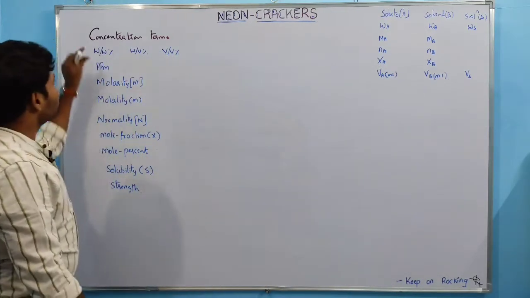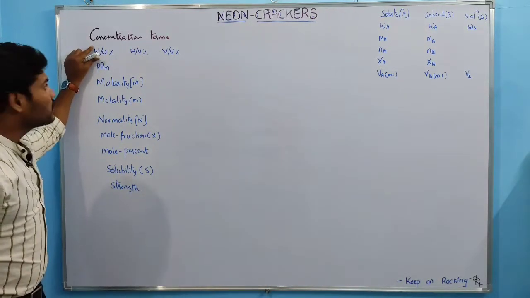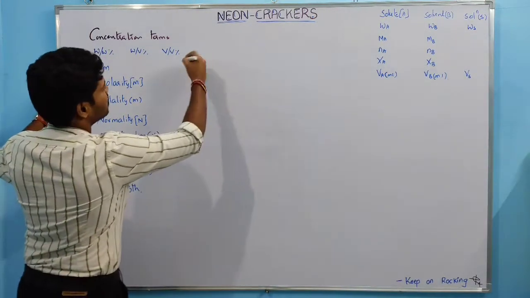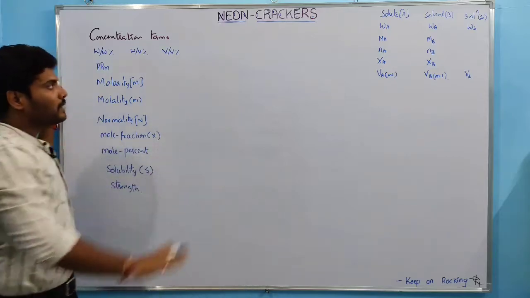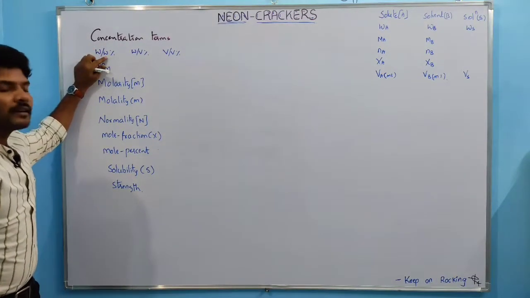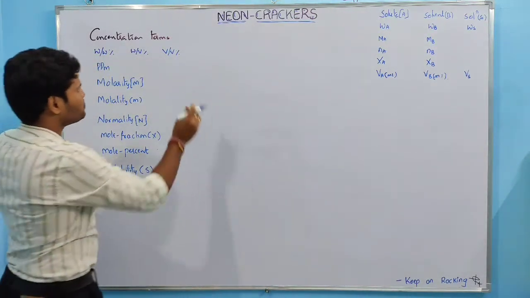Now let's see the simple concentration terms: weight by weight, weight by volume, and volume by volume percent. Weight by weight is the amount of solute in grams dissolved in 100 grams of solution.